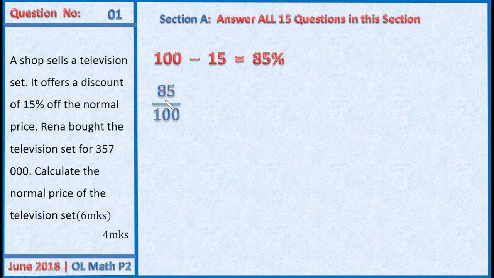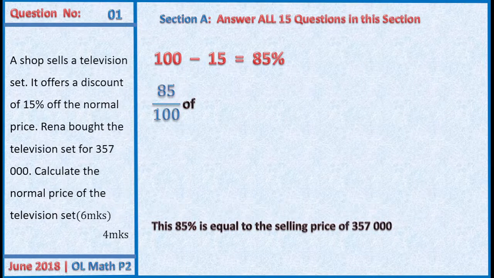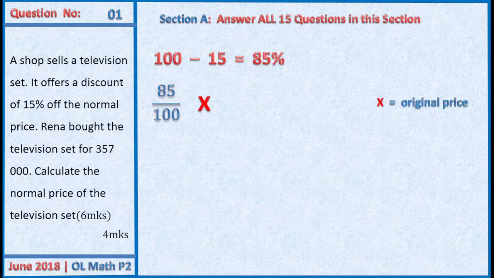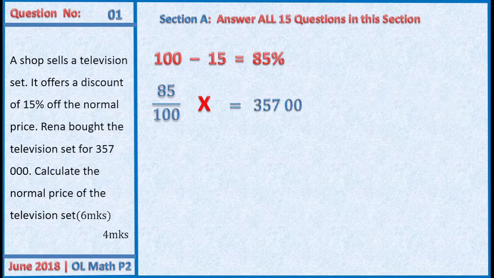Let that amount be x, and 85% of x will give us 357,000. So 85 on 100 of x equals 357,000.